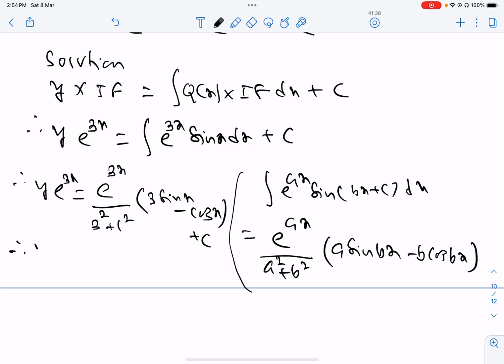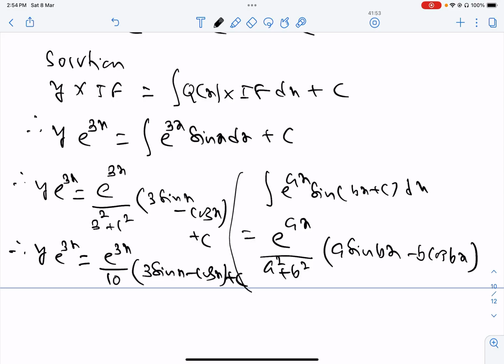So we have y into e power 3x equal to e power 3x by 10, 3 sin x minus cosine x, plus c.